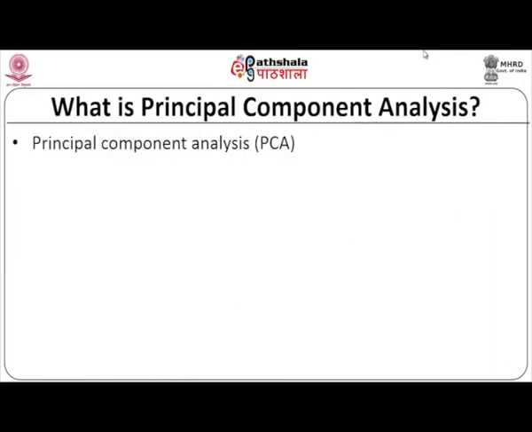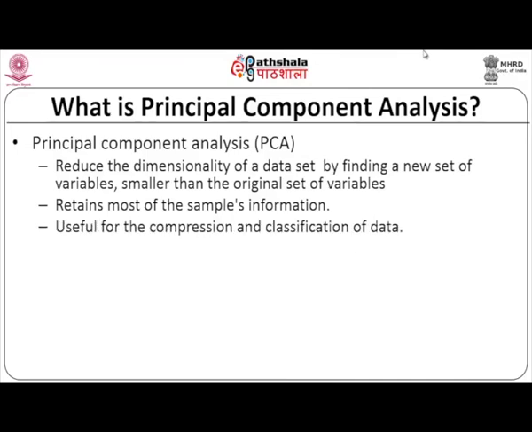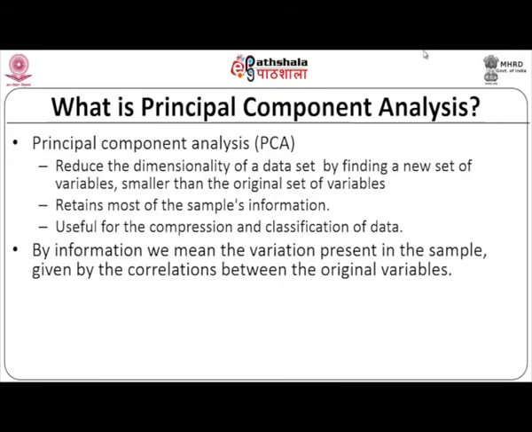So, what is principal component analysis? The idea is to reduce the dimension of a data set by finding a new set of variables, smaller than the original set of variables, that retains most of the sample's information. Our job is not to take away the information, but it is useful for compression and classification of data. By information we mean the variation present in the sample.